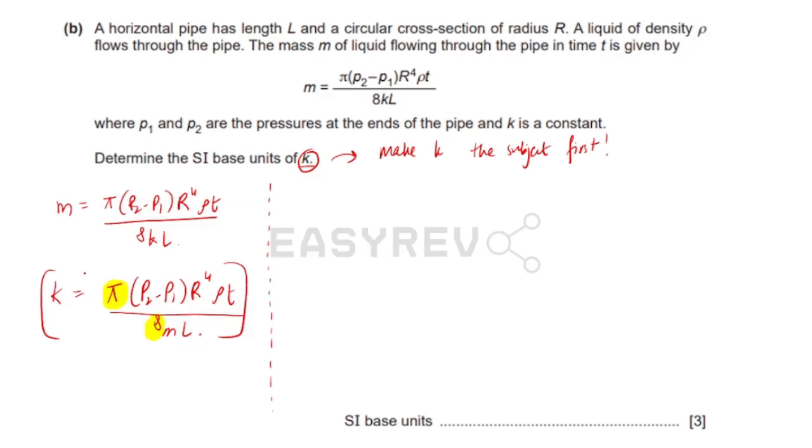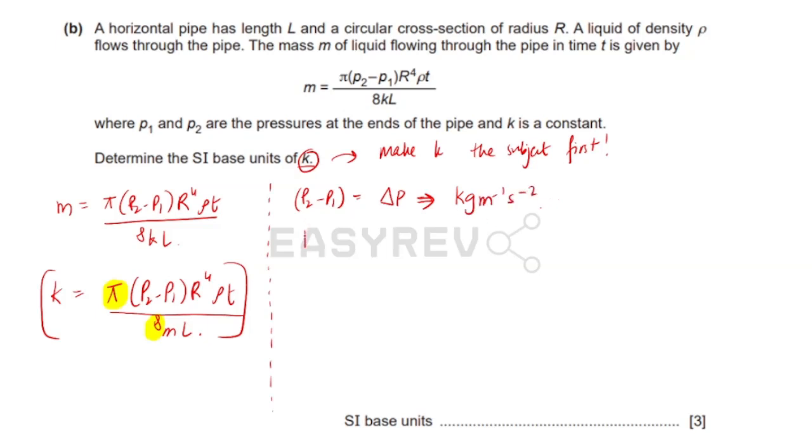Apart from that, let's look at the other quantities. P2 minus P1 is nothing but the difference in pressure, so I could write this as delta P. And a difference in pressure still has the same SI units as pressure, right? So I can replace it with the formula that I'm already familiar with. In fact, we solved it in the previous question. That is kg per meter per second squared.